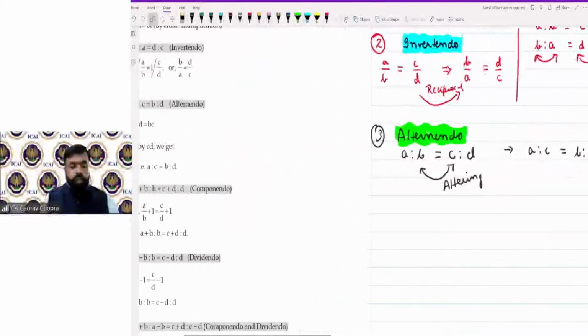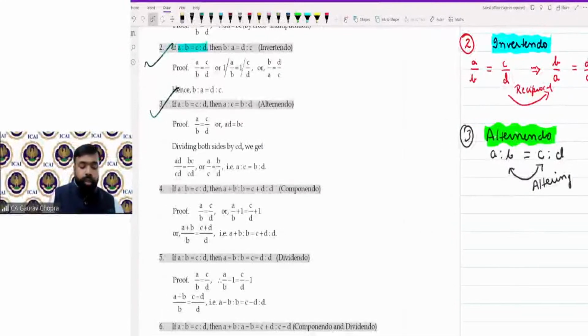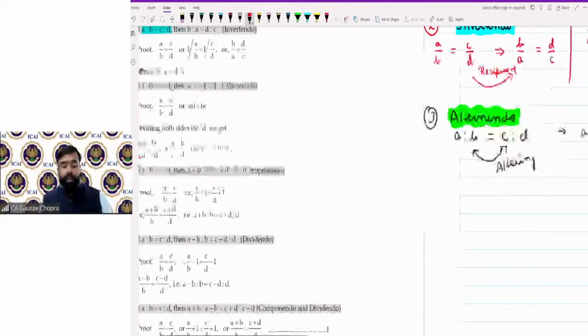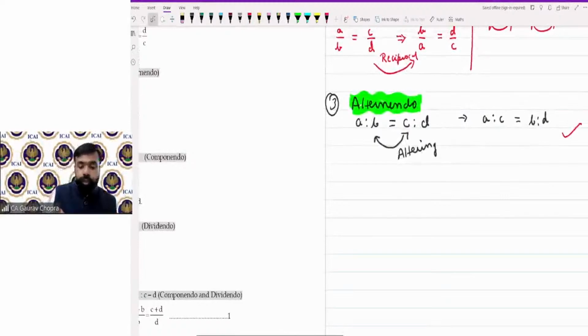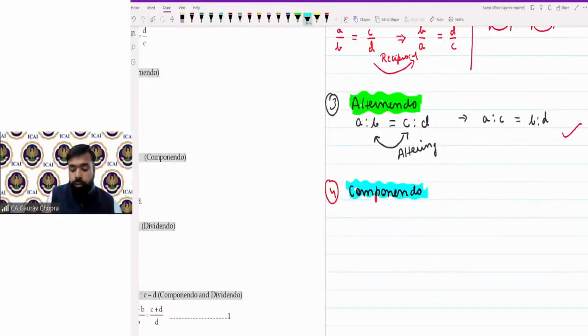Now the property number 4, fourth one is known as componendo. So in componendo, what we have to do? The given ratio is same, A by B equal to C by D. Now we are adding 1 on both the sides.